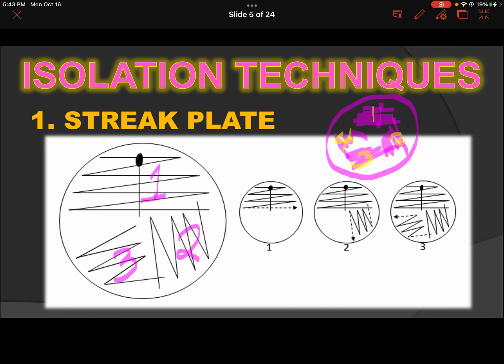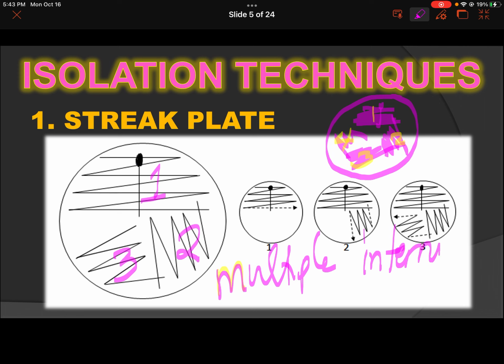But because, as you can see, the space in the Petri dish is limited, sometimes we only have 3 streaks. So this is what we call multiple interrupted streak. So that's the term there.